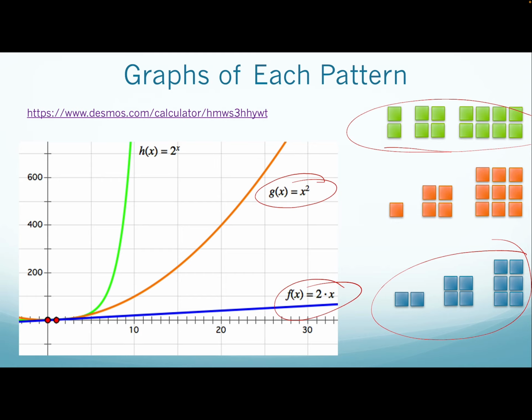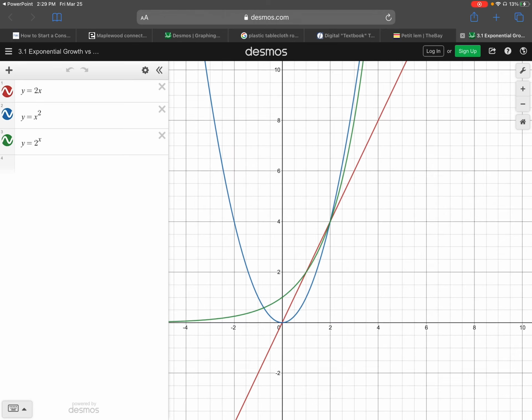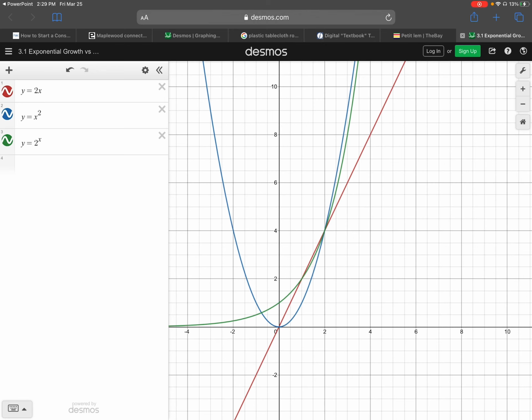Okay, I left a link to this in Desmos just because I did want to show you something else here. So here's those 3 equations that are graphed. Notice in the beginning, okay, the linear one is red, the quadratic is blue, and the exponential is green. So in the beginning, the exponential is actually the smallest one.